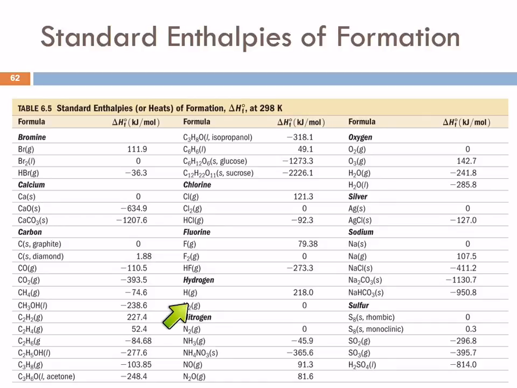Right. If you want to make hydrogen atoms from hydrogen molecules, the enthalpy change is going to be positive. Energy has to go into that to break those bonds. And if you look at this, you'll see a lot of the compounds have negative enthalpies. That means that energy is released when they are formed.